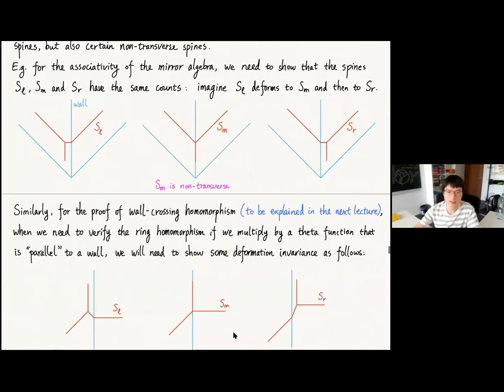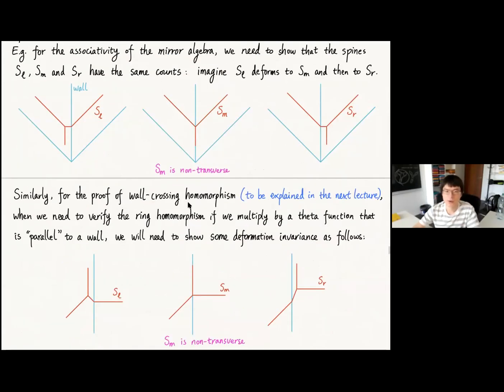And similarly, for the proof of the wall-crossing homomorphism, I will explain wall-crossing in the next lecture. We want to verify that the wall-crossing transformation is a ring homomorphism if we multiply by a theta function that is parallel to a wall.